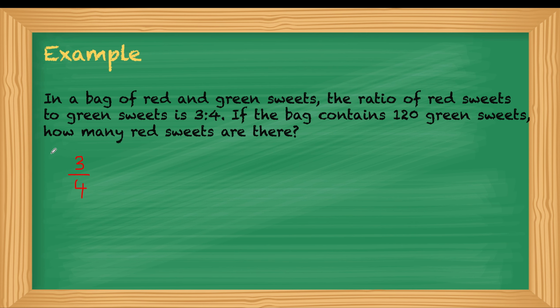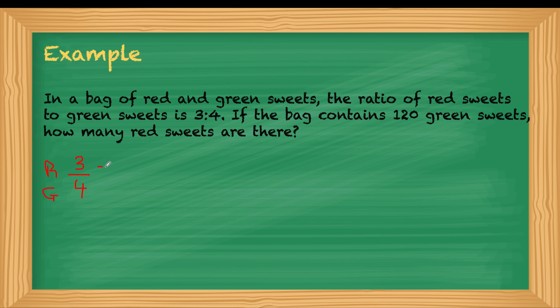So now what color sweets would the 3 represent? Red for R, and I'll use G for green. Alright, now if the bag contains 120 green sweets, how many red sweets are there?